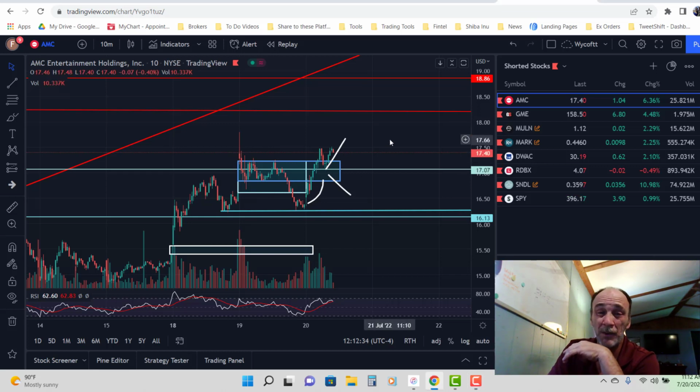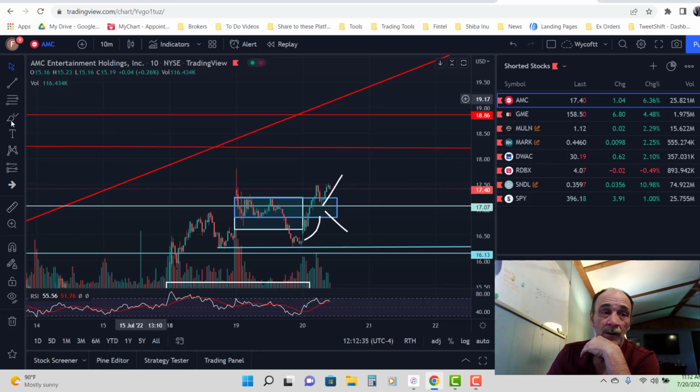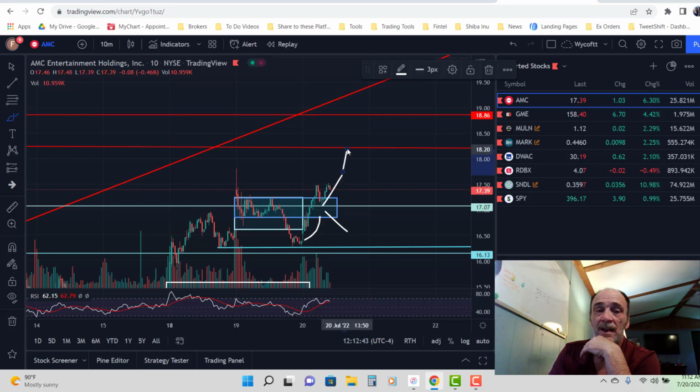So what I anticipate right here will be a breakout, and it can possibly go up to 1820. Then the next stop after that would probably do this and send us into 1950, something like that, because this is a resistance line, that's a resistance line.